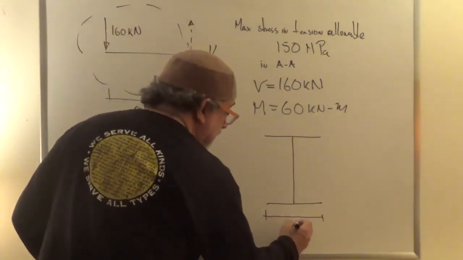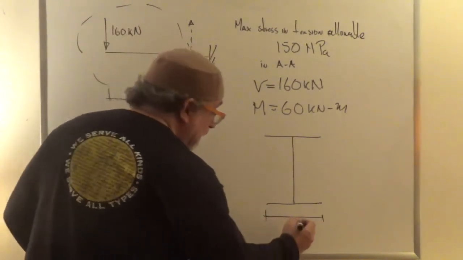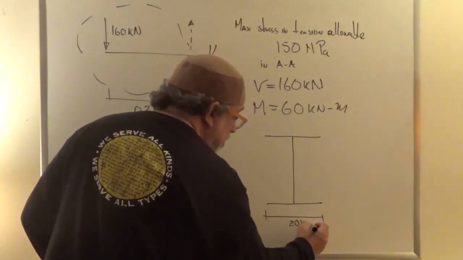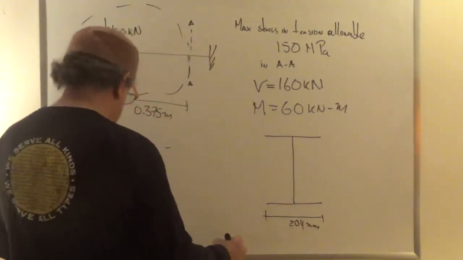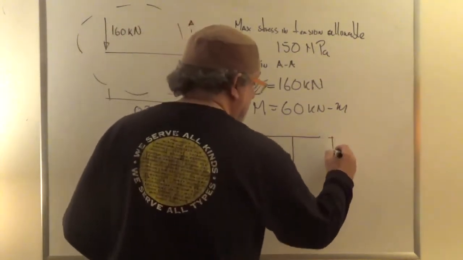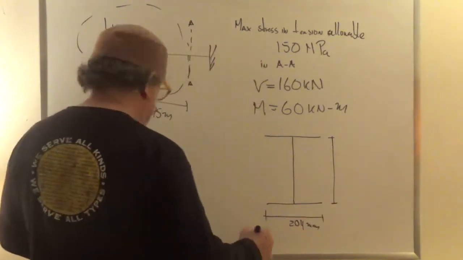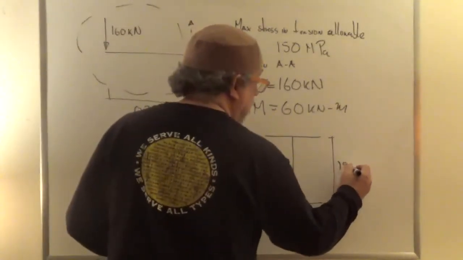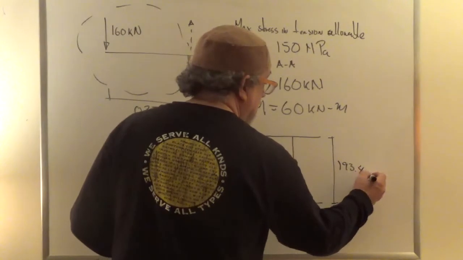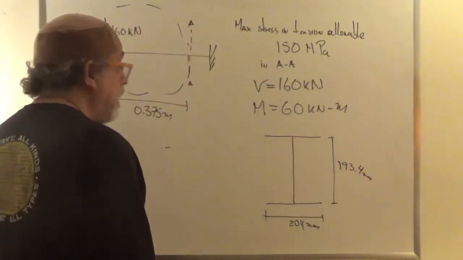We accept a little bit of approximation, and let's say that this plate is 204 millimeters, and that the height from center to center here is 193.4 millimeters. This is an actual cross section.